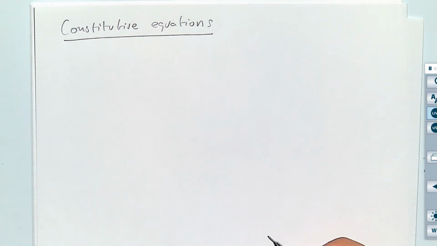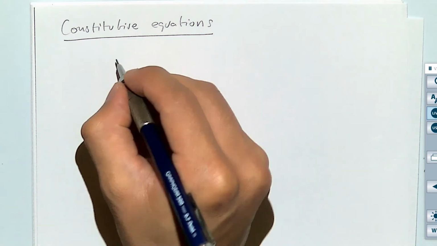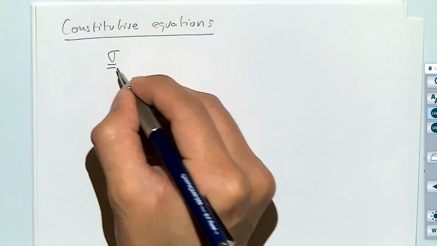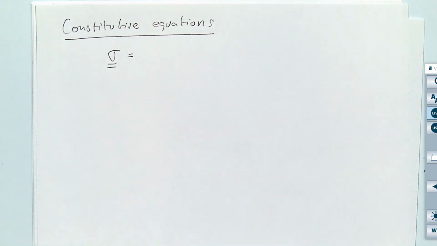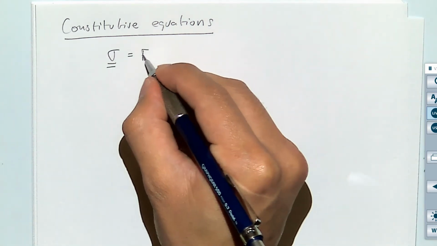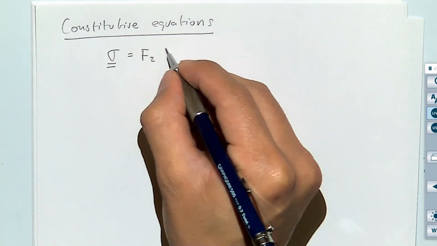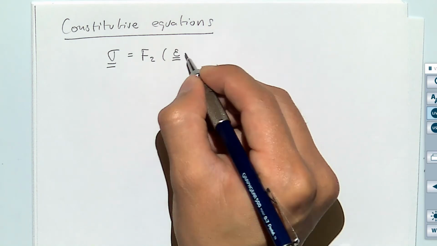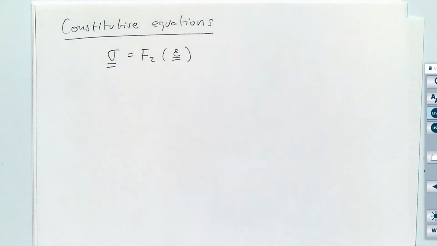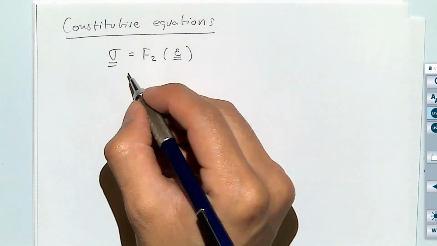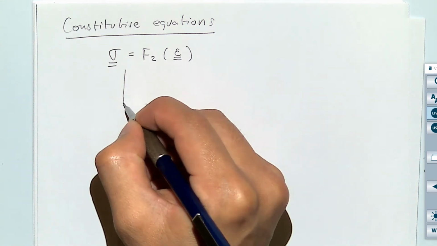Okay, so let's rewrite what we had in the first page. We said stress is going to be a function of strain. And here, the first thing that we're going to do is a big assumption.